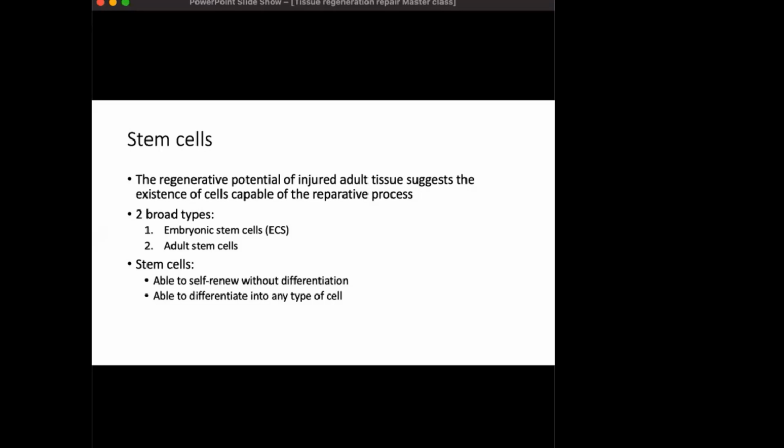There are two broad types: the embryonic stem cells and the adult stem cells. Stem cells are able to self-renew without differentiation, and they can turn into any type of cell. That's their superpower, I suppose.